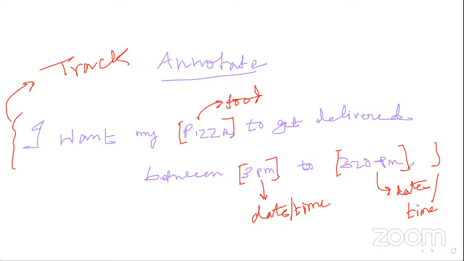Okay, so if this is the intent, and if the entity is food and if it is date time, then we will say that our order will be delivered within the stipulated date and time. And during peak hours, we will say we will try to deliver your order in your stipulated time period.